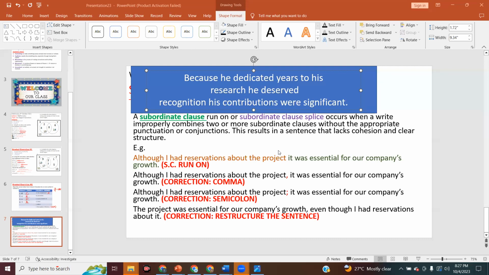It's a subordinating clause run-on. But how would you correct it? What would you write? I need the sentence.